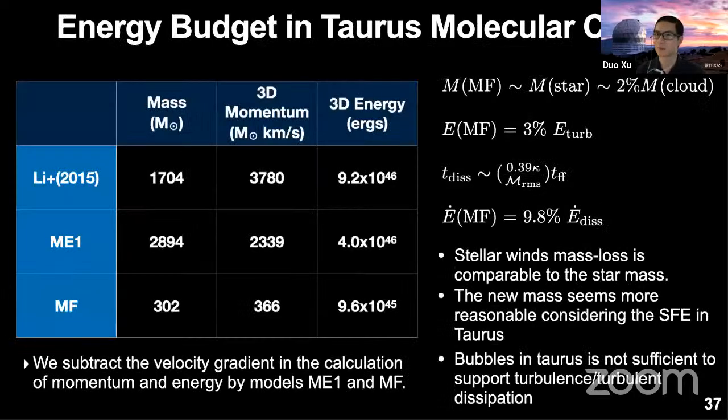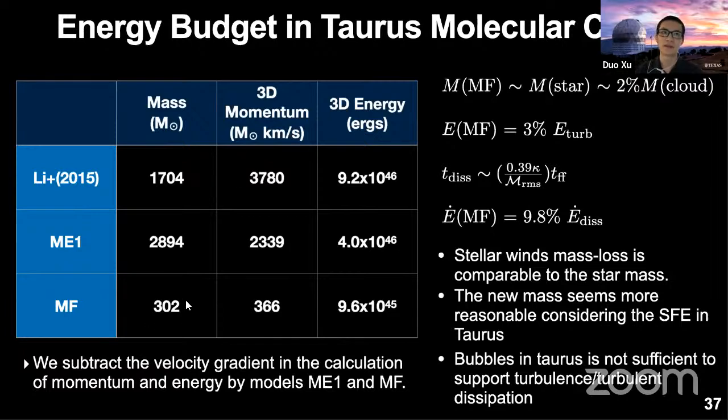The most important part is the energy budget. If we correct for the contamination, we see the mass that comes from feedback reduces by a lot, by an order of magnitude. And we know in Taurus, the total H2 mass is about 10,000 to 20,000 solar masses, and the young stars' mass in Taurus is around 300.